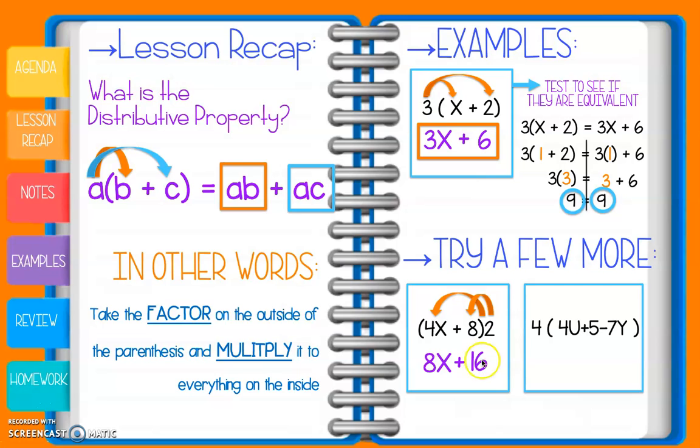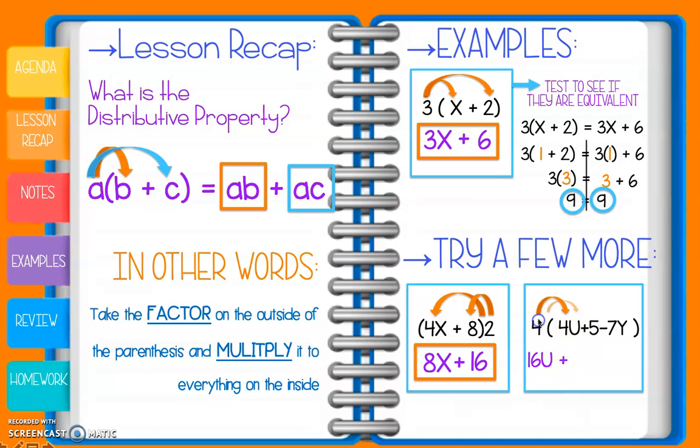All right, now let's take a look at this one. The only difference here is there are 3 terms inside of the parentheses, and there are 2 different variables. Absolutely nothing changes. We're just going to have to distribute a few more times. First, we take 4 times 4u. 4 times 4 gives us 16u, and we drop down that addition sign.